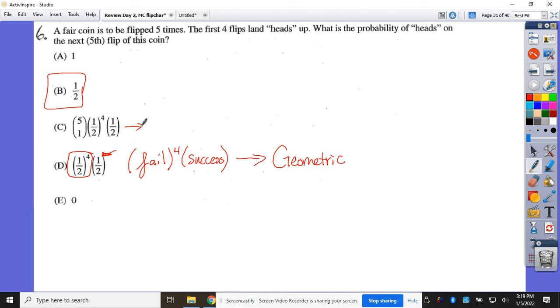There's only one equation that looks like this at the beginning: binomial. That equation is n choose x, then my probability of success times number of successes, probability of failures times number of failures. That one's set up to look like that.